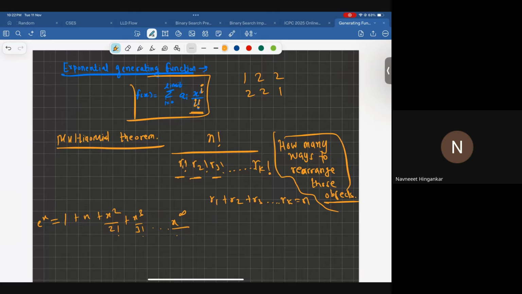I could write those as a combination of e raised to the power x plus e raised to the power minus x, divided by 2. Obviously, you can check that the moment we add minus x, the odd terms get cancelled. So this is for even powers, and with the minus sign it becomes odd powers only, right? You can learn this or remember this.